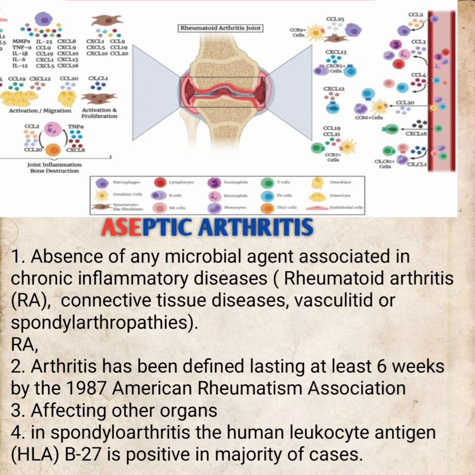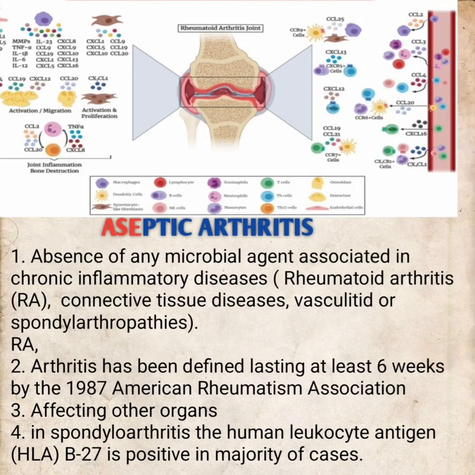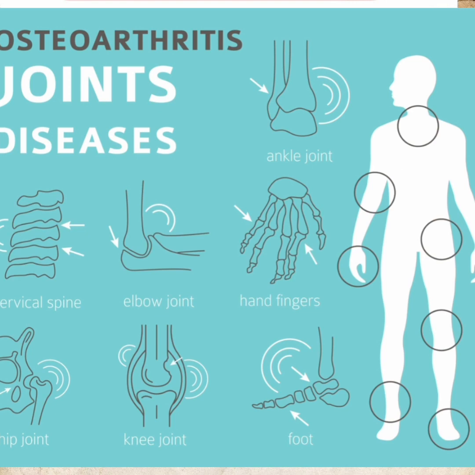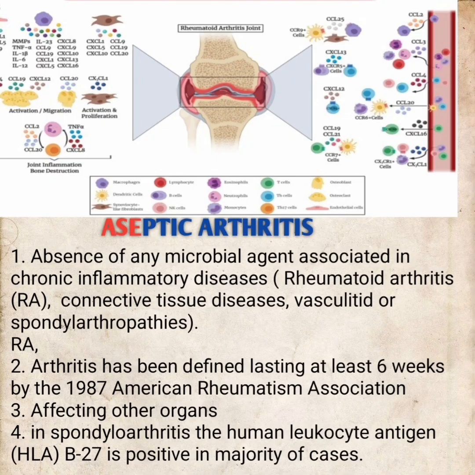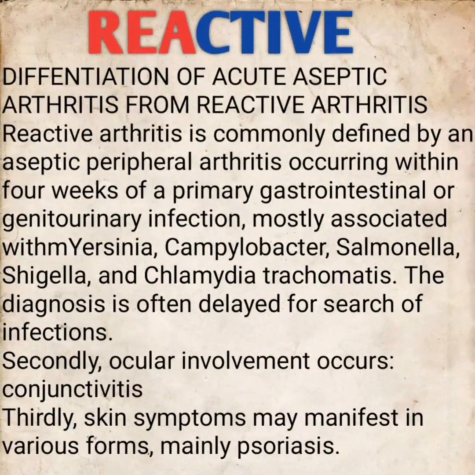We will see different deformities that these chronic diseases will cause, because they affect other organs of the body. The gradual shape from normal, the 3 different shapes you will see. The reactive is another classification, and the best way to understand it is to differentiate it from acute aseptic arthritis.